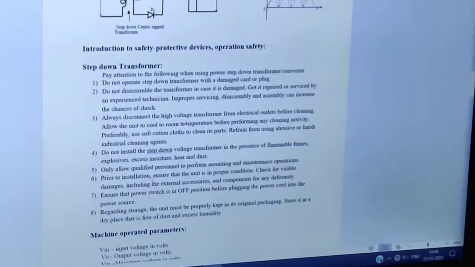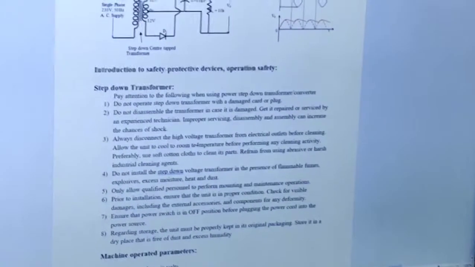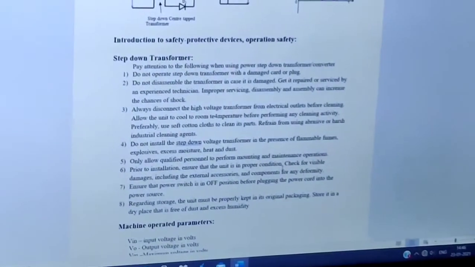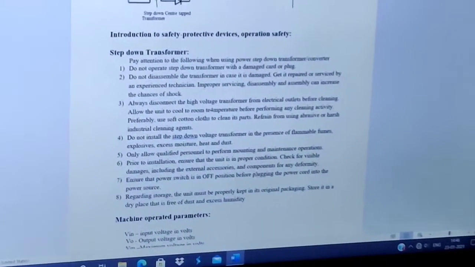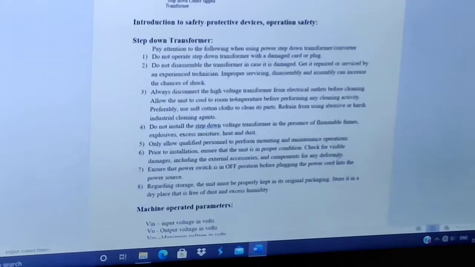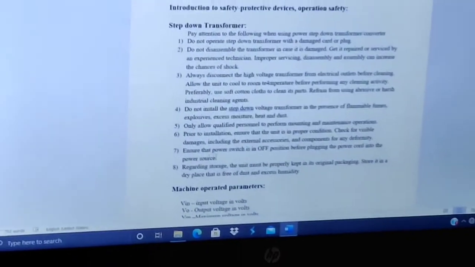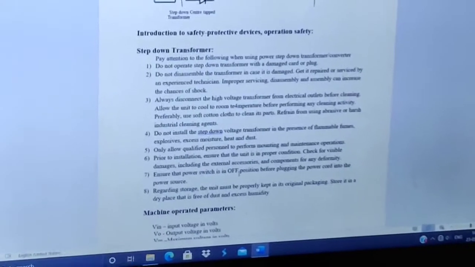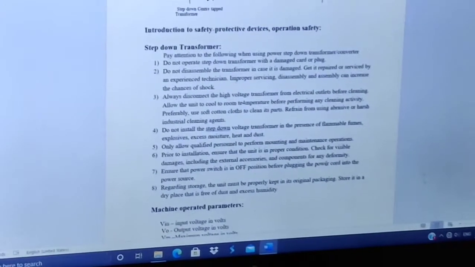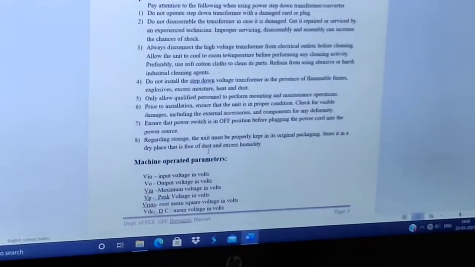Prior to installation, ensure that the unit is in proper condition. Check for visible damages, including the external accessories and components, for any deformity. Ensure that the power switch is in off position before plugging the power cord into the power source.